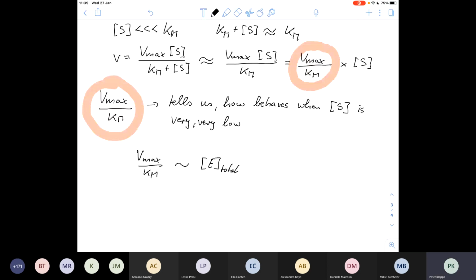Now let's disentangle it. Km does not depend. Vmax depends, and therefore Vmax over Km depends on the enzyme concentration. Right. So far, so good.